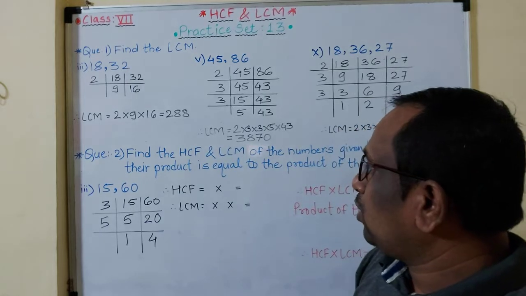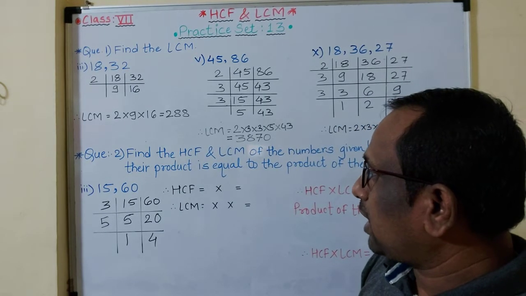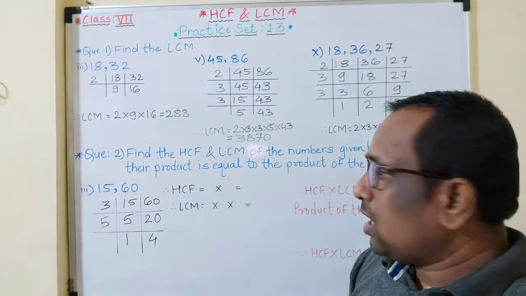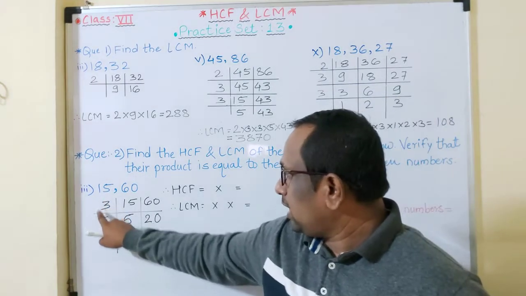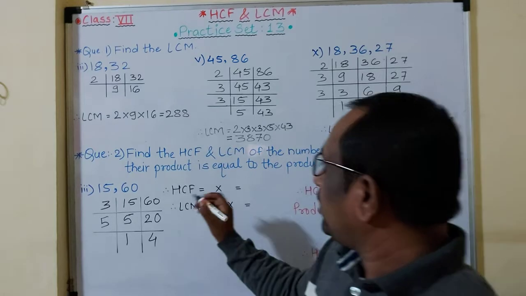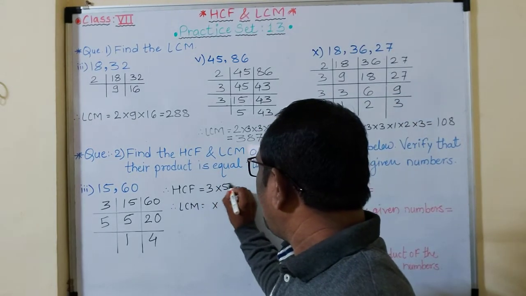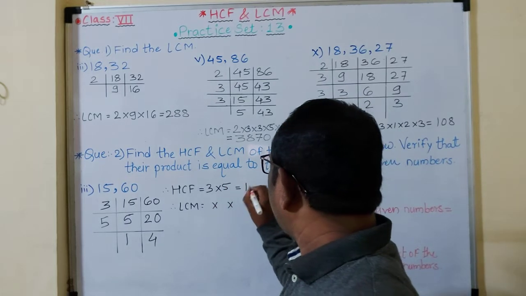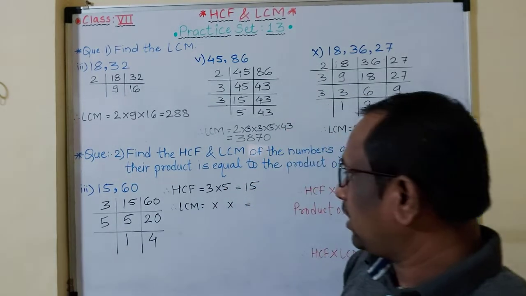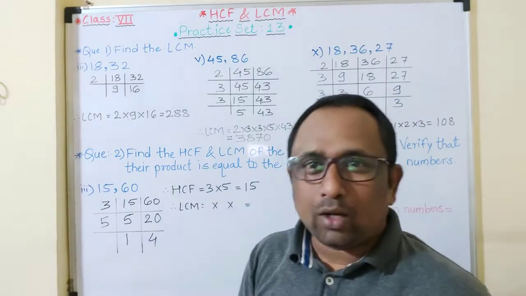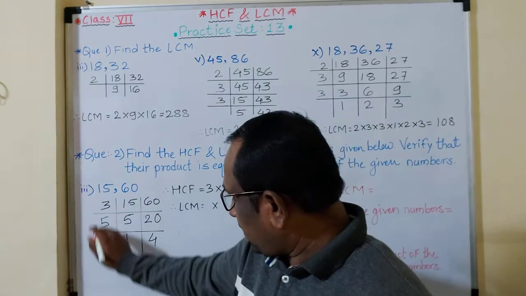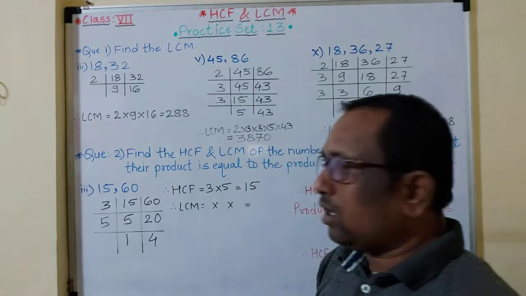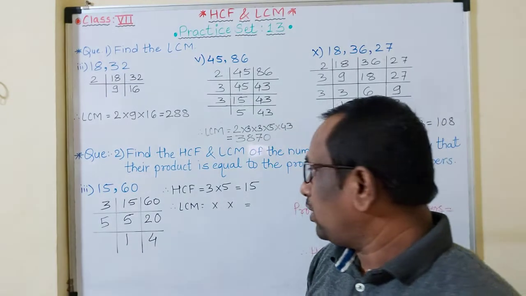here we have to first write the HCF. Okay, we have to find the HCF first. Now here 3 and 5, the HCF of 15 and 60 is 3 and 5. These are the factors, 3 and 5. So 5 threes are 15. Okay, now we have to find the LCM. I told you for the LCM, all the numbers in the column and the last row, all the numbers we have to take.